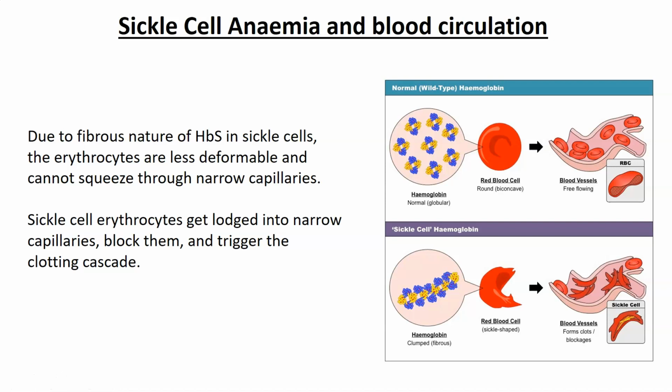So people who develop sickle cell disease also develop clots, and that's a concern because non-specific clot formation, if it happens in the heart, can cause heart attacks. If it happens in the brain, you can develop strokes. So it's a very, very dangerous condition.